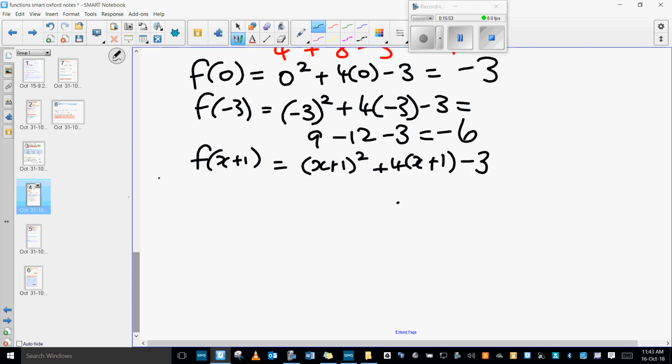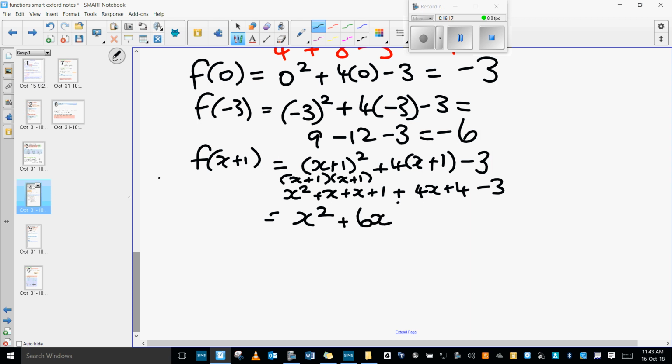So I would use FOIL to expand. I would recommend that you write your two brackets out so you don't make a mistake. I'll expand this bracket, and then you can join like terms. So we've got 1x squared, we've got an x and a 4x, so I've got 5x, and I've got a 1 plus 4, take away a 3, which gives me the final answer.